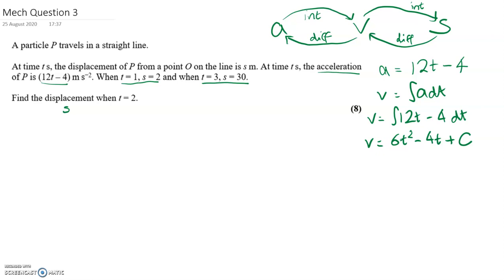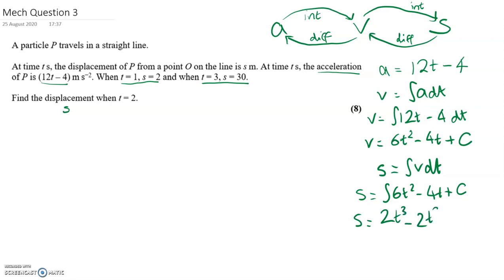Next, we're going to get an s expression by integrating the v one. So when I integrate 6t squared minus 4t plus c, I end up with 2t cubed minus 2t squared plus ct plus another constant of integration, which I'm going to call d.